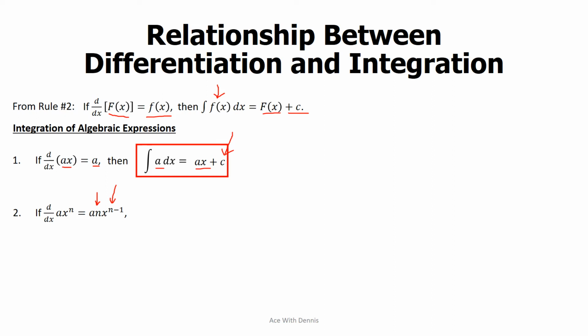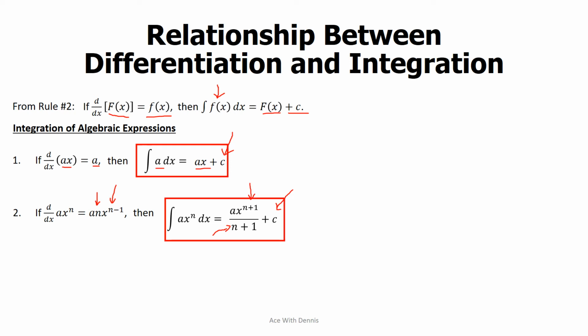Now, when we do integration, we reverse the process, where if you want to integrate ax to the power n dx, what we need to do is power plus 1, which becomes n plus 1, then divide by power plus 1, which is n plus 1, followed by plus a constant c behind. So this is the second integration of algebraic expressions.